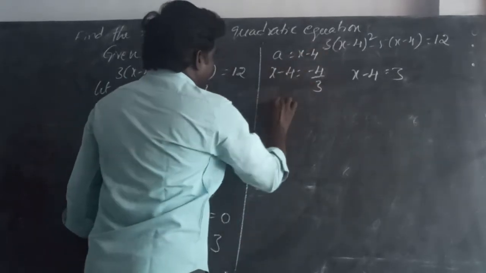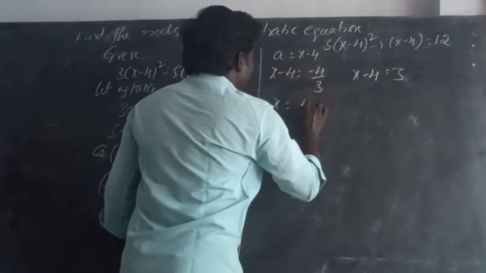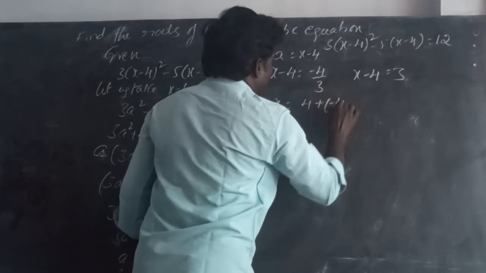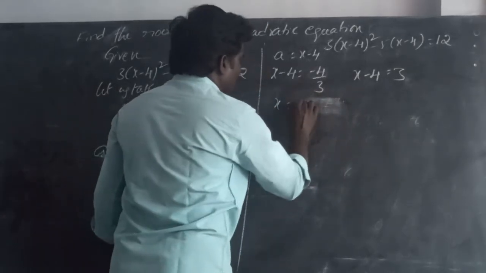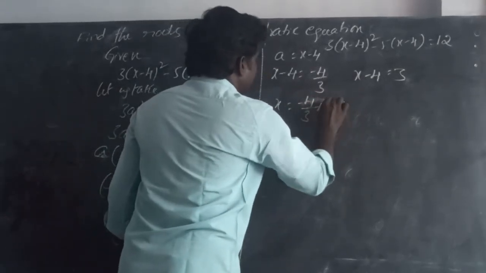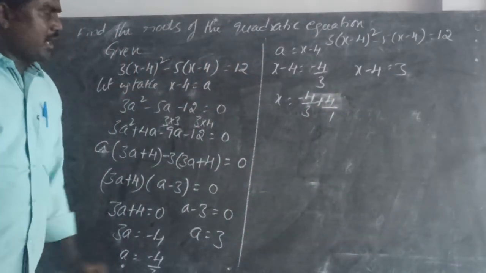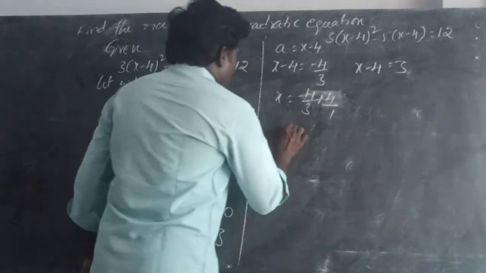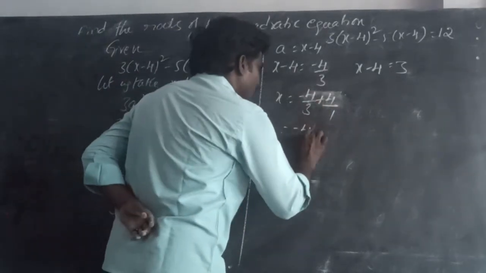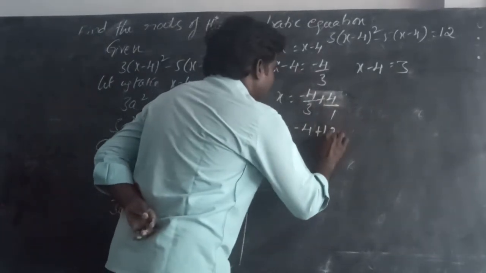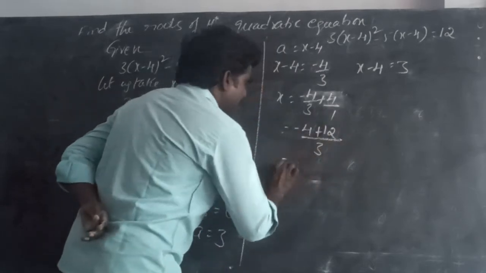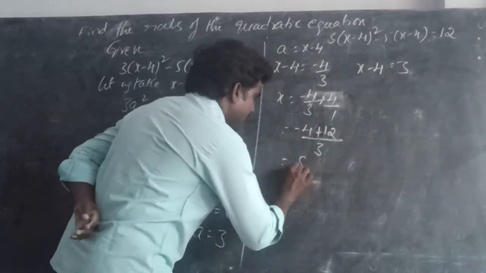So x = 4 + (-4/3), or we have -4/3 + 4. We can write the whole number 4 as 4/1. Now cross-multiplying: -4 into 1 is -4, 4 into 3 is 12, over 3 into 1, which is 3. -4 + 12 = 8, so 8/3.